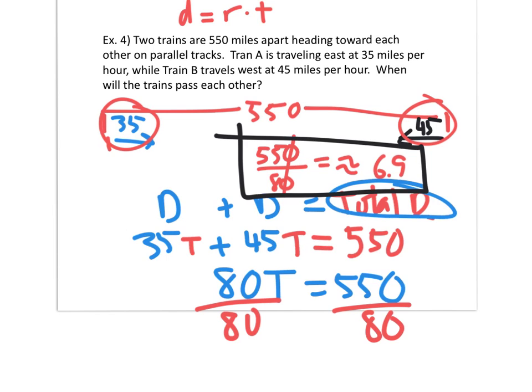So one way was using logic to find out the answer 6.9. Another way is to use distance equals rate times time to say that the distance of the first train plus the distance of the second train equals the total distance 550. And then you solve that equation, and you'll get t, which is really the time, which is 6.9 hours in this case.